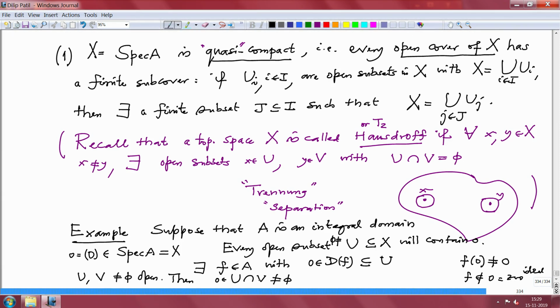So, therefore, there is no chance of separating 2 points at all, because every two non-empty open sets intersect. Therefore, this Spec A is not Hausdorff.